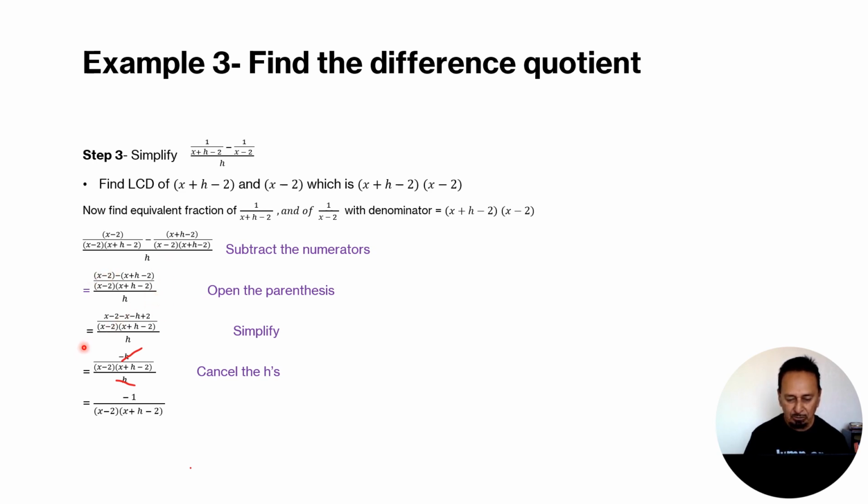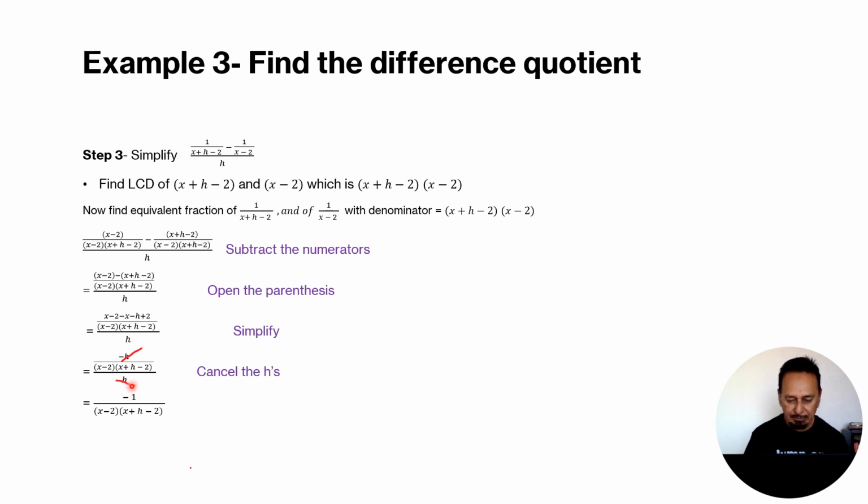Open the parentheses, so you have x minus 2 minus x minus h plus 2, over x minus 2 times x plus h minus 2. So it looks like the x's cancel, the 2's cancel, and we're left with minus h over x minus 2 times x plus h minus 2, over h.